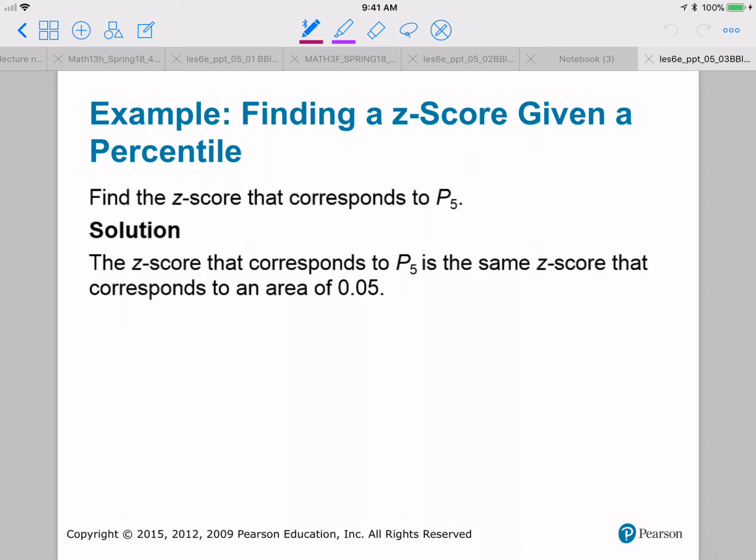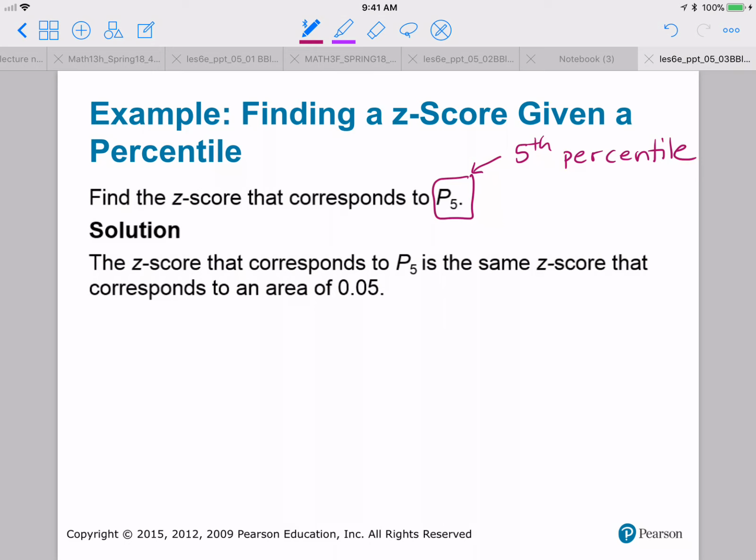Now we're going to make a slight difference. We're introducing this new notation. Remember the percentile: if you're in the 5th percentile, P5 means you're in the 5th percentile, which means this is the value that is larger than 5% of the data.